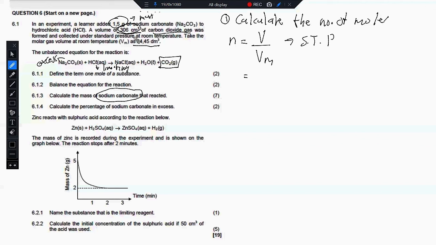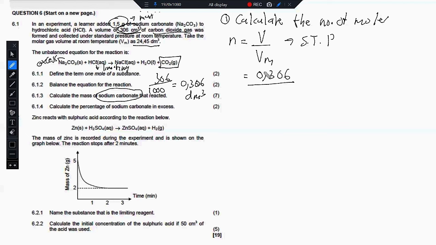Now the volume, we have 306, but we cannot substitute the 306 because it's given in cm³. We need to first divide it by 1000. So we go 306 divided by 1000. That gives us 0.306 dm³. So we put it here, 0.306.